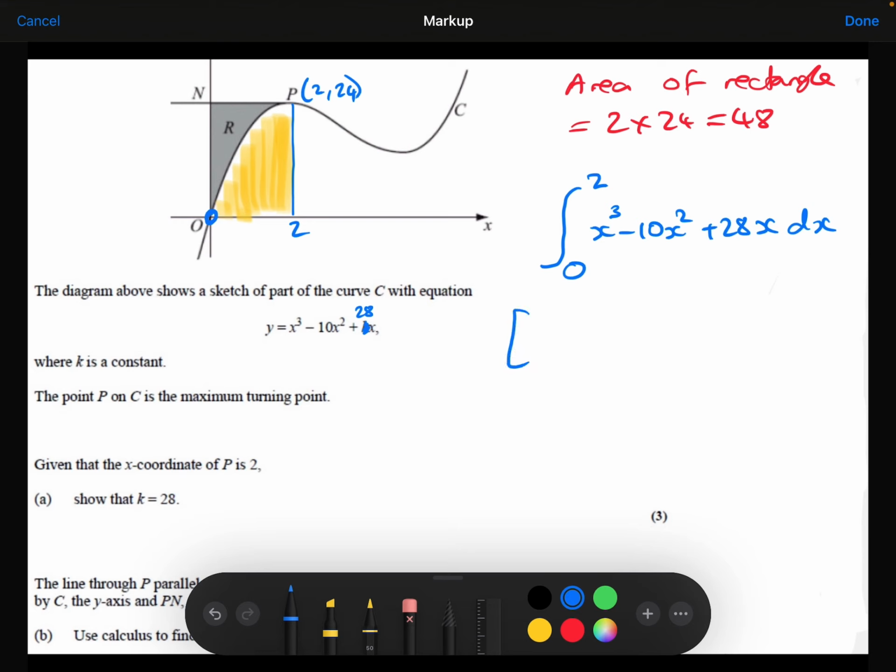So that's what we're going to do. We're going to add 1 to the power, so the 3 becomes a 4, divide by the new power, add 1 to the power, divide by the new power, add 1 to the power, divide by the new power, and simplify where we can. The 28 divided by 2 is 14, so we can simplify that a little bit.